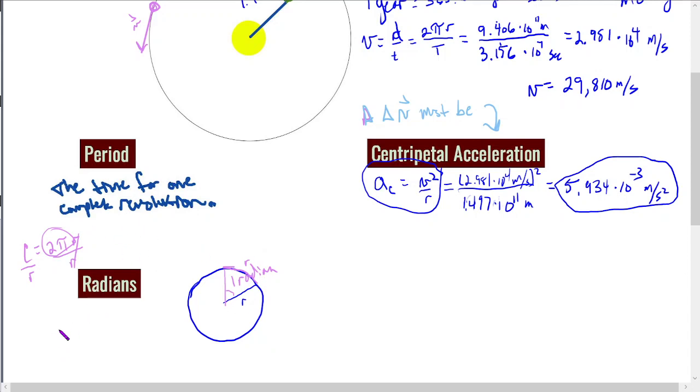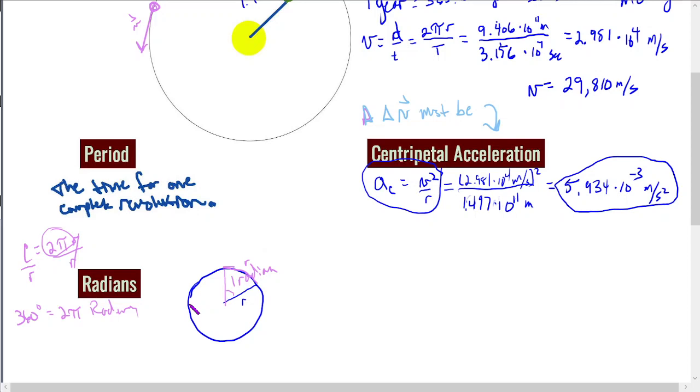If we go all the way around a circle, we know that all the way around the circle is 360 degrees, and that equals 2 pi radians. Now, we don't usually write radians. It's just, it has an angle of 2 pi.